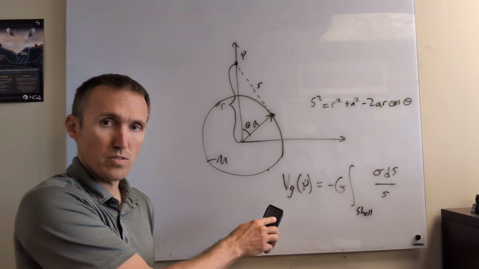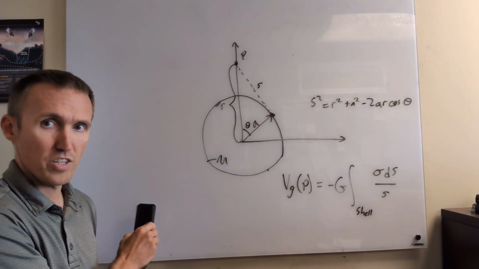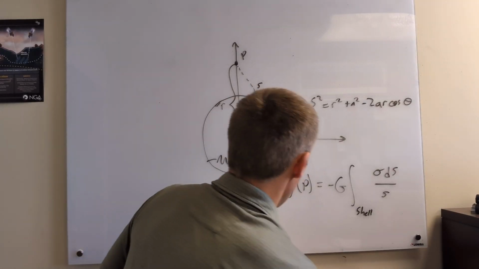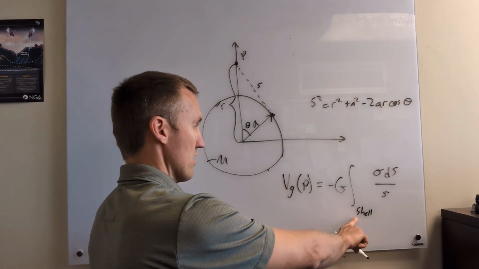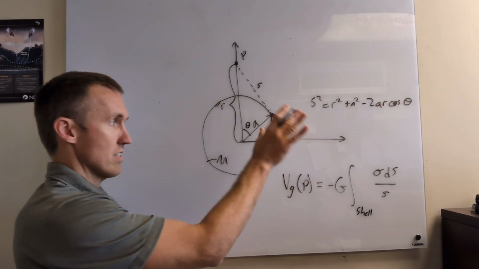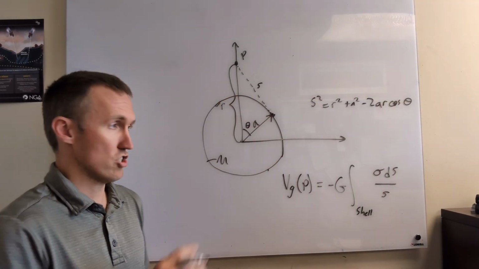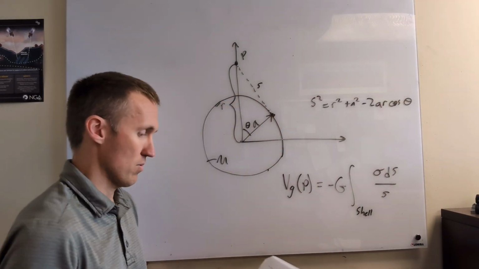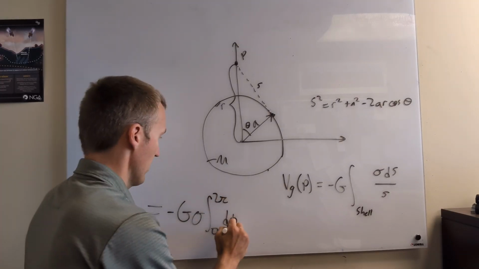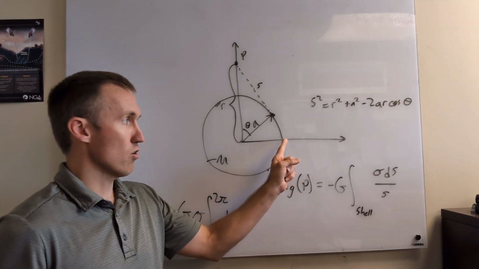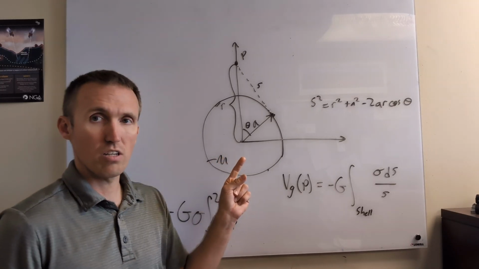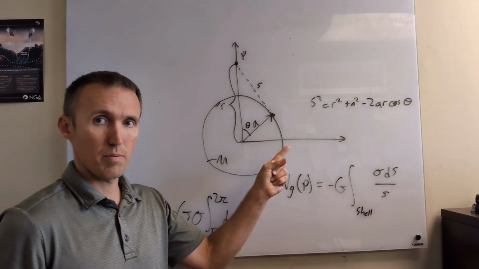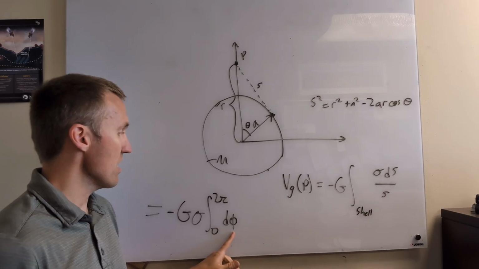All right, so I'm going to take this expression and rewrite it over here so I have some space. I'm going to do a change of integral: instead of integrating over the whole shell, I'll integrate in the out of plane direction, and then in the in plane direction. The out of plane integral is going to be a function of the angle coming in and out of the plane, which we'll call phi.